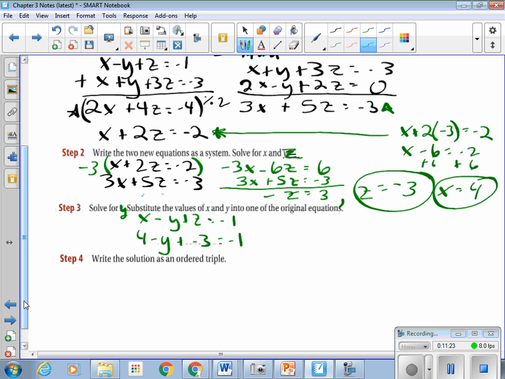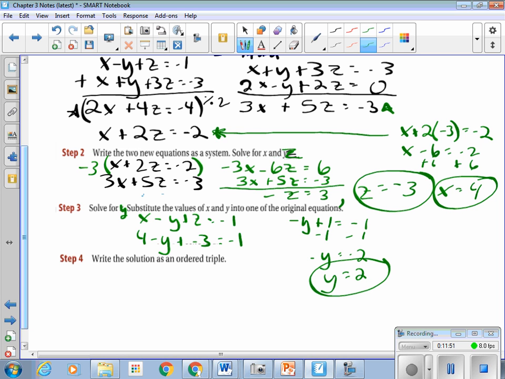4 plus negative 3 is 1. So negative y plus 1 equals negative 1. I'm going to subtract 1 from both sides. Negative y equals negative 2. If negative y equals negative 2, then regular y has got to equal 2. You can get that by dividing both sides by negative 1.